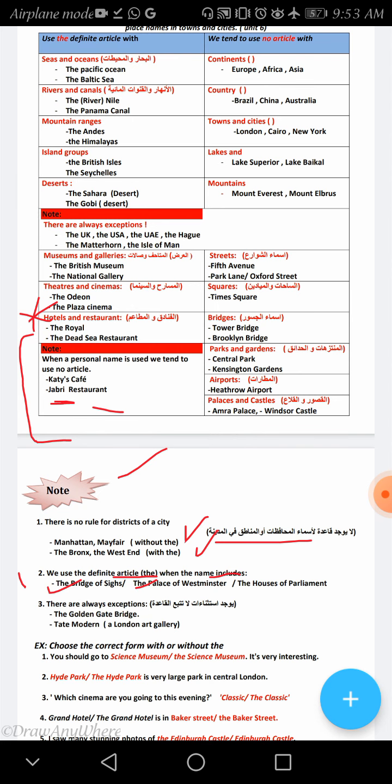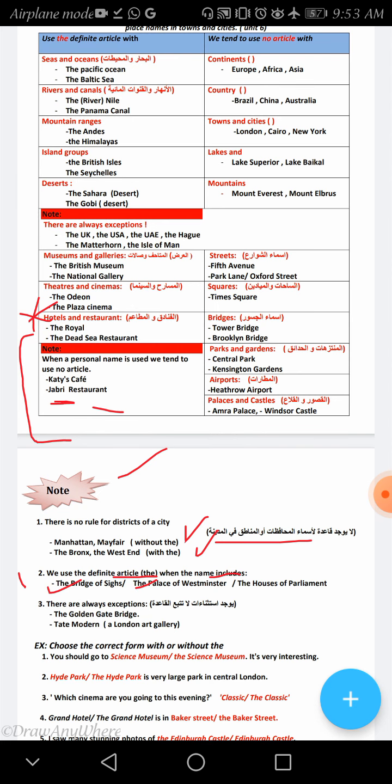We use the and Tate Modern gallery. Okay, another example, Tate Modern. This is a gallery and we said that all galleries we have to use the, but in this example we don't use the. Okay? Be careful.